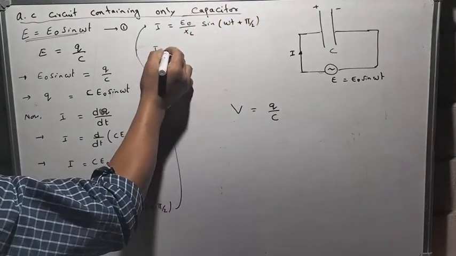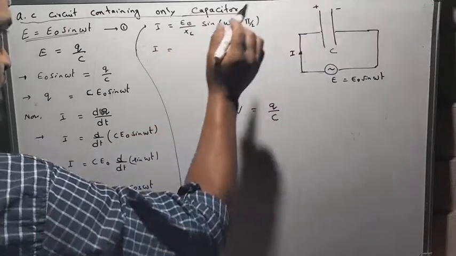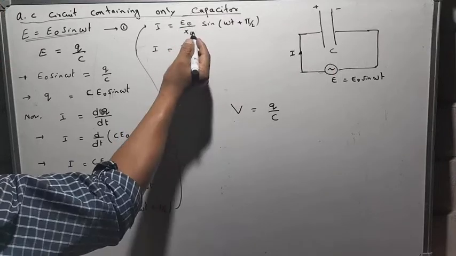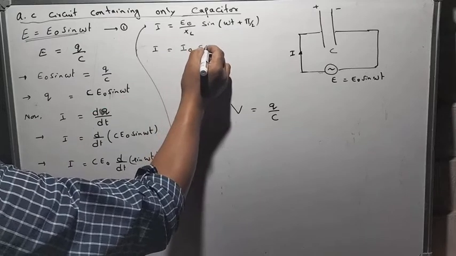Now this E naught is the EMF, and XL behaves like the resistance. So EMF by resistance is always equal to current. Because the EMF is E naught, the current also will be I naught.